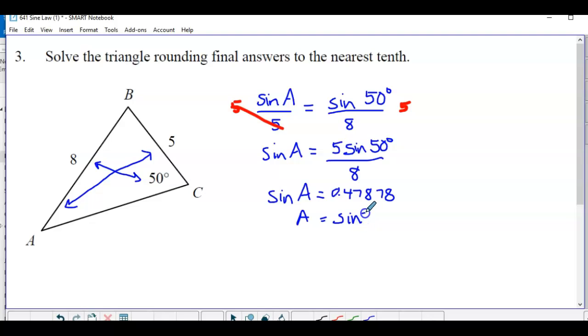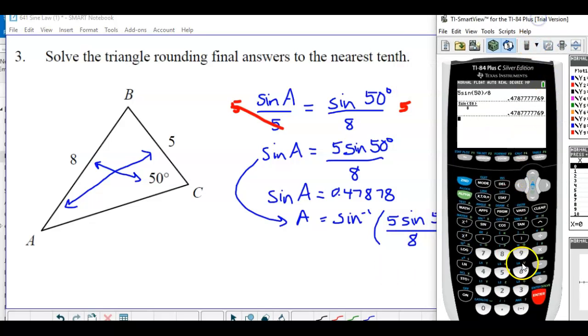Now, what might be better to get it all done in one step is go back up from this step to here and go second key, sine key, and then punch in that ratio. Then everything's done in one step in your calculator. That's part of the reason why you have this TI or Casio graphing calculator. It'll do a lot of things for you.